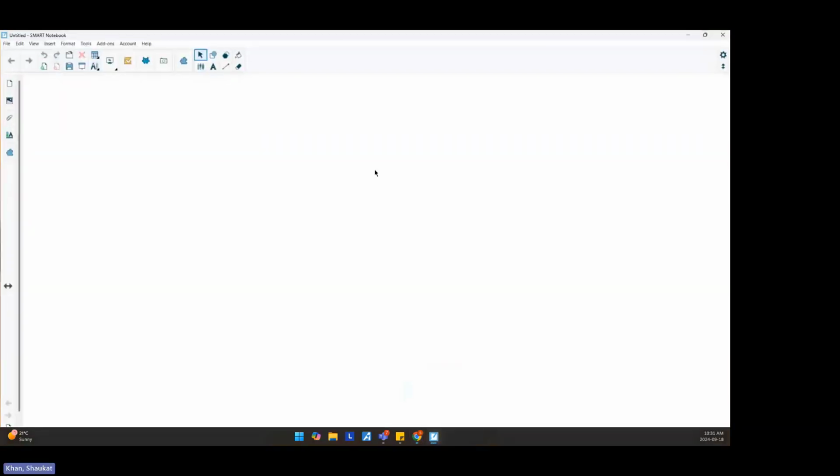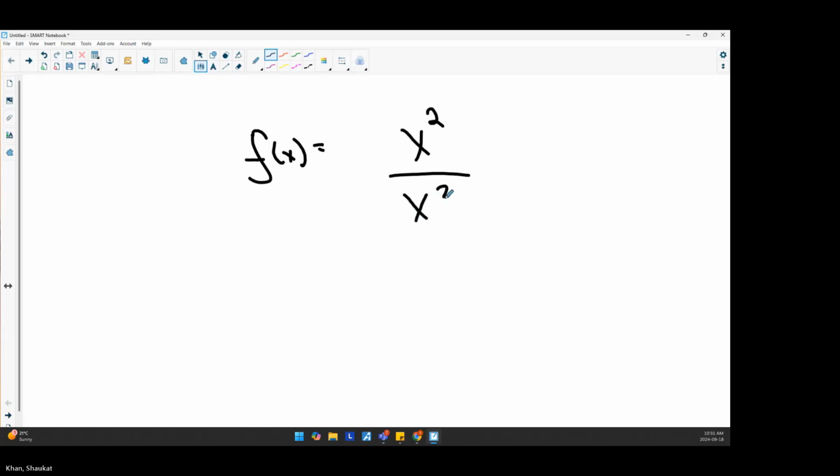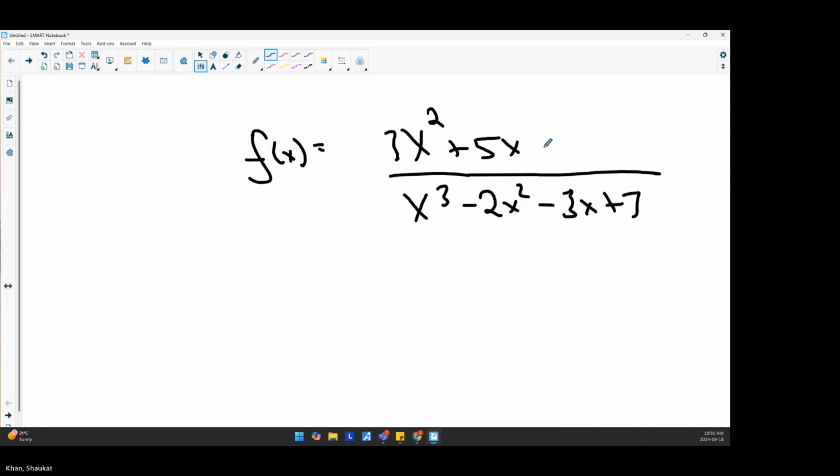we're going to get into a little bit more, but let's just say if I have something like f of x is equal to x squared divided by x cubed. In this example here, the highest degree for our numerator is 2.